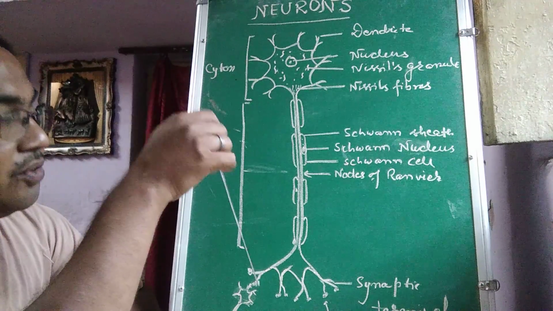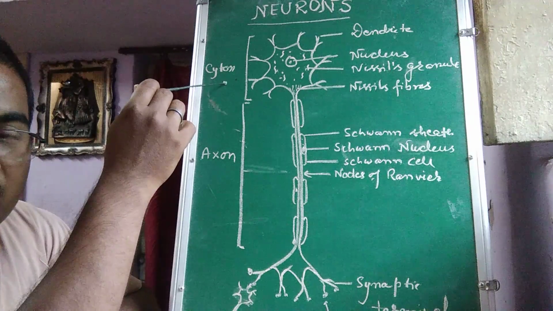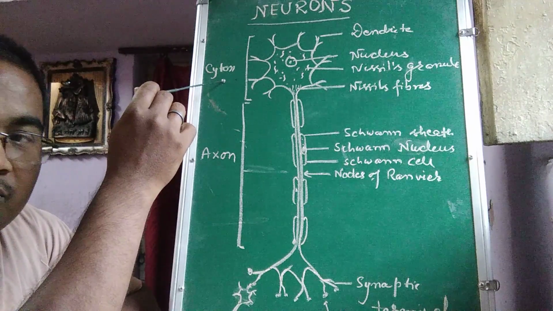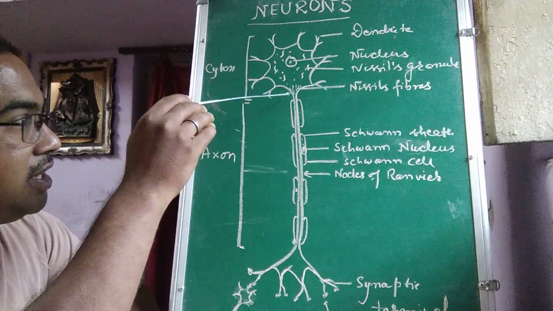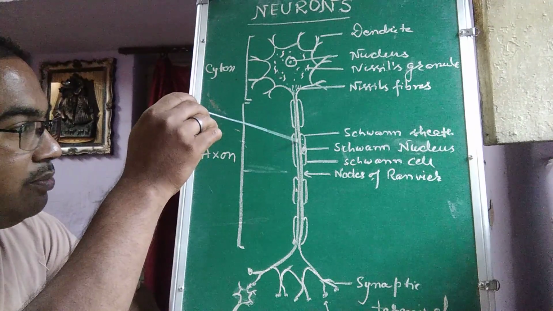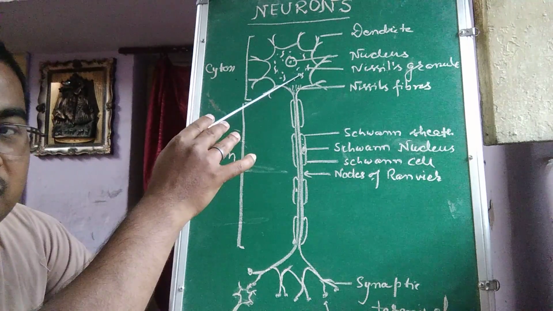The entire neuron can be divided into two parts, that is cyton, sometimes known as cell body, and axon. Axon is this long tubular part. Okay, this is axon and this is cyton.